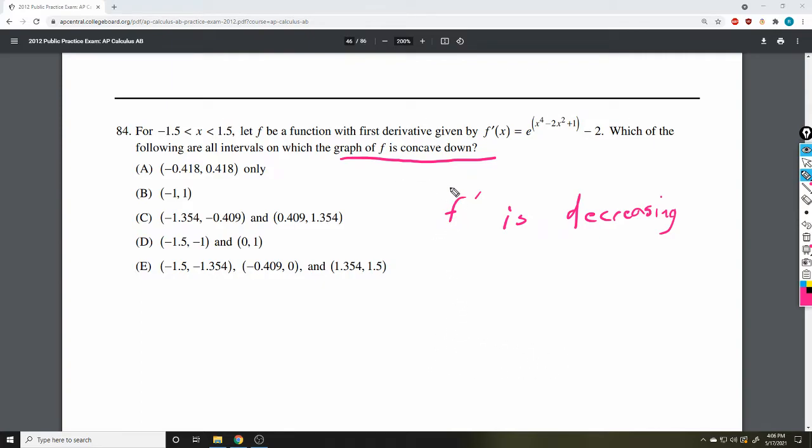So I want to know when f prime is decreasing, so I graph that. I see where it's going down, and it's going down here. Again, this is mostly a calculator question, and just testing that you know what concave up and concave down mean, and how to test for it in those derivatives.